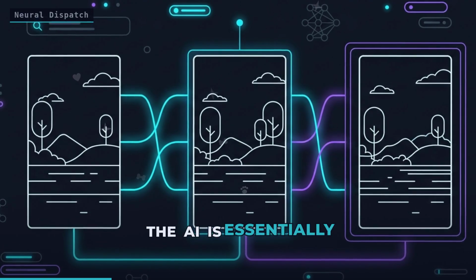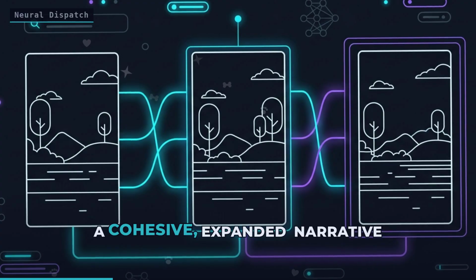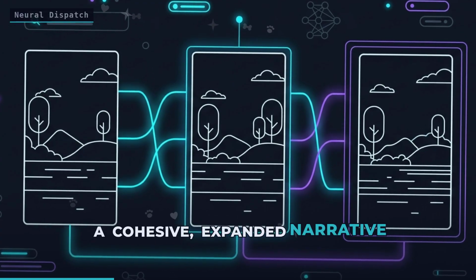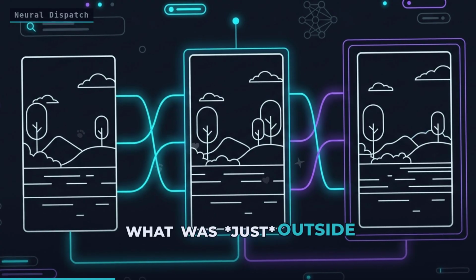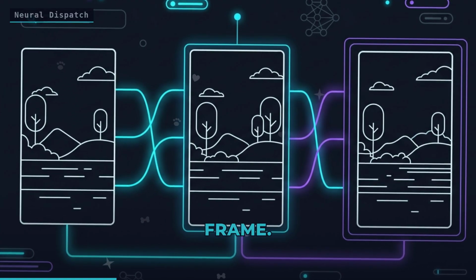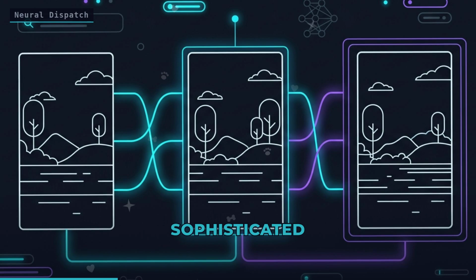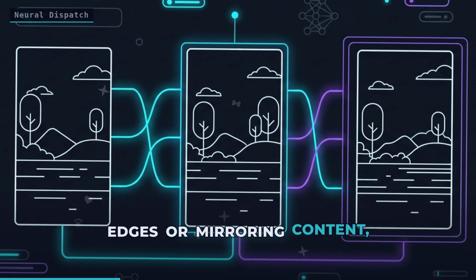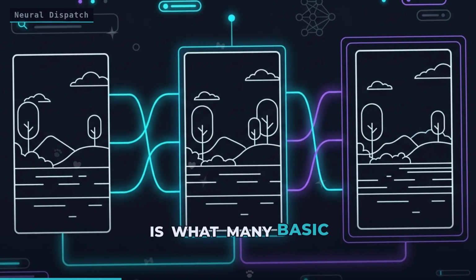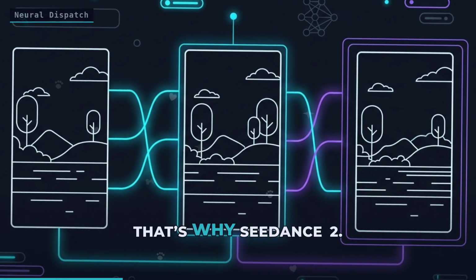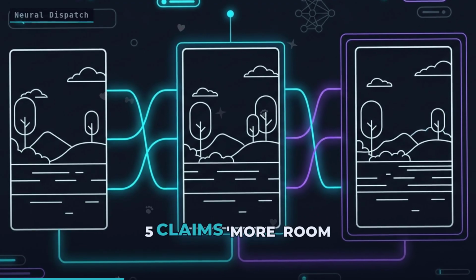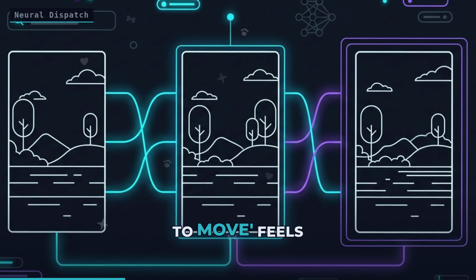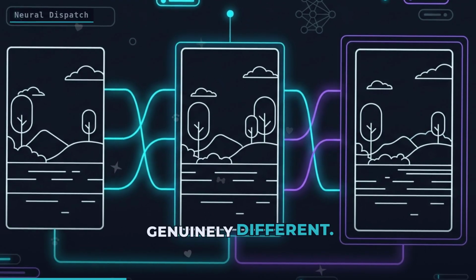The AI is essentially creating a cohesive, expanded narrative of what was just outside your original frame. It's a much more sophisticated process than simply blurring the edges or mirroring content, which is what many basic tools do. That's why Seedance 2.5 claims "more room to move" feels genuinely different.